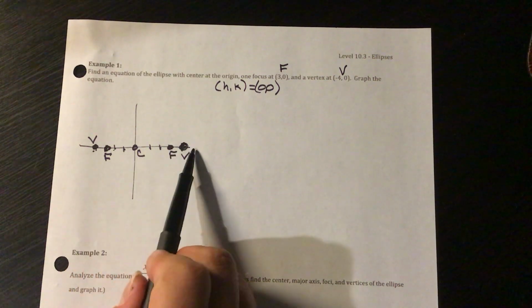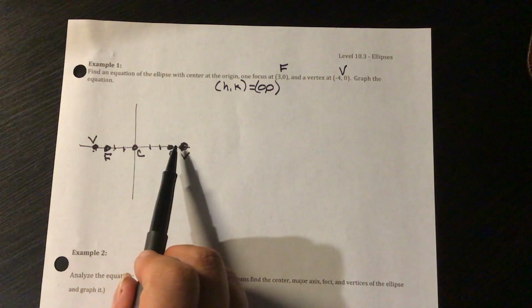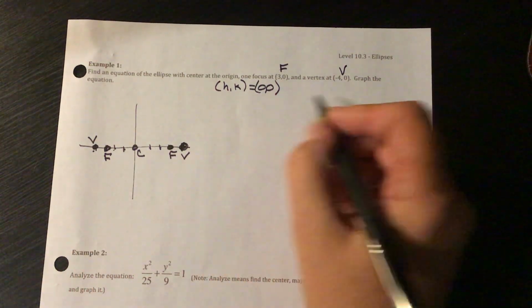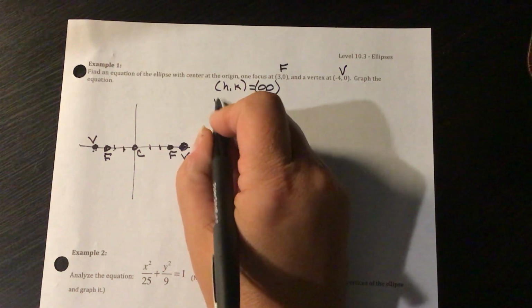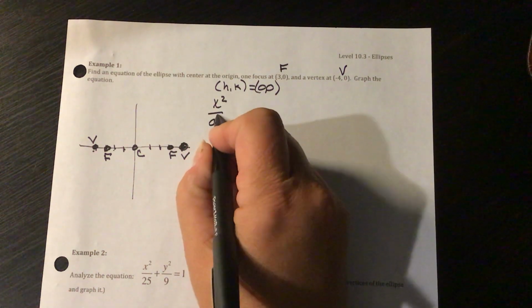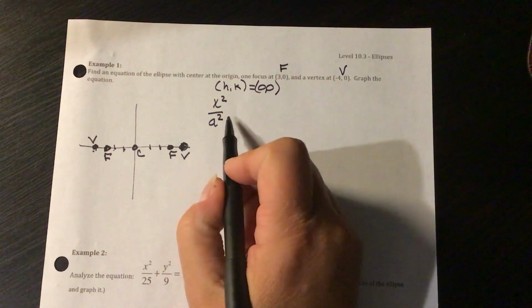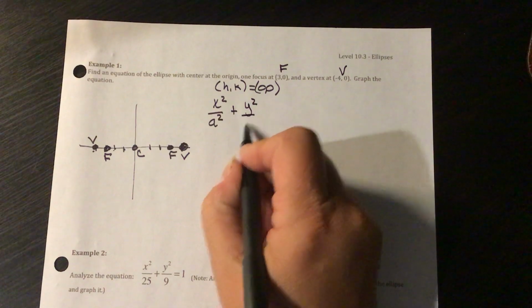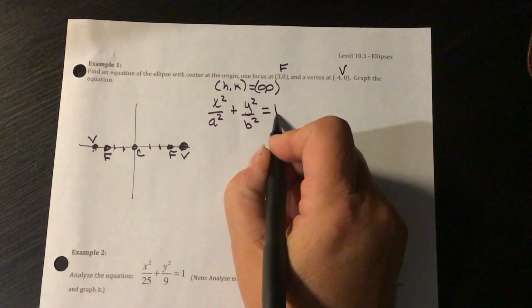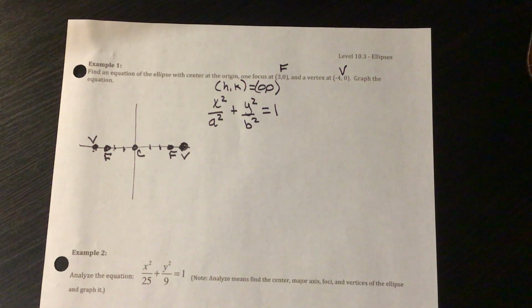Another thing I noticed from graphing this is that the foci and the vertices are along the x-axis. So looking at the equation, I have x squared over a squared, because a squared is going to be our longer number, plus y squared over b squared equals 1. That's our standard form of the equation.